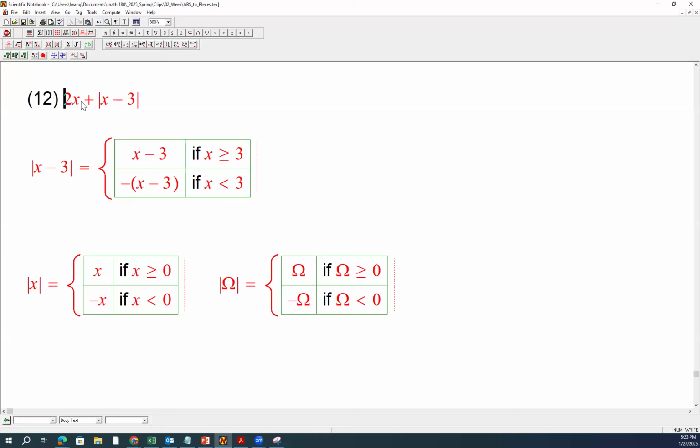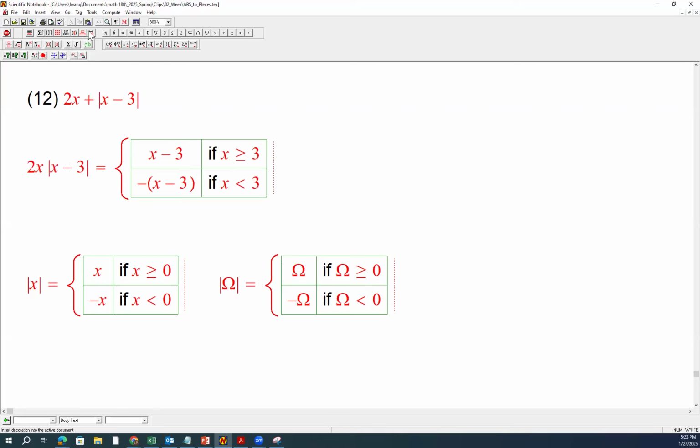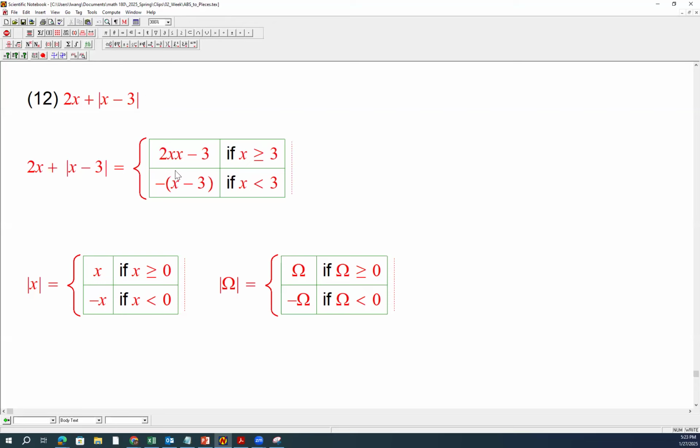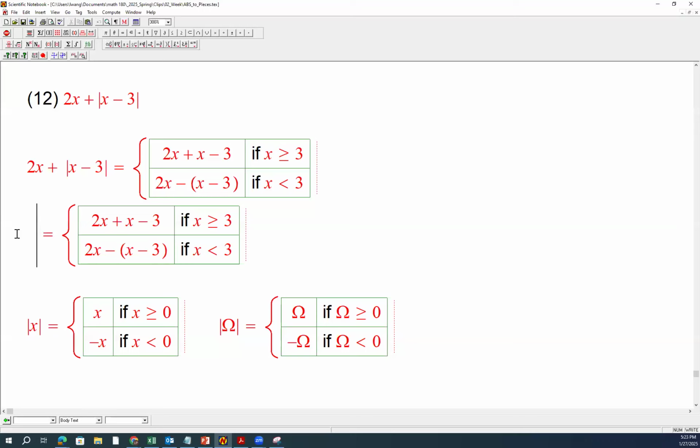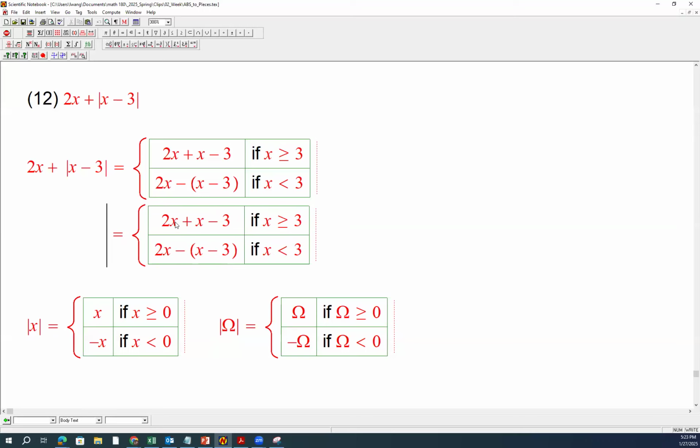And we add 2x to it. 2x plus x, that's 3x. 2x minus x plus 3, so we opened up the parentheses, and 2x minus x is going to be an x. That's finished. These are the two pieces.